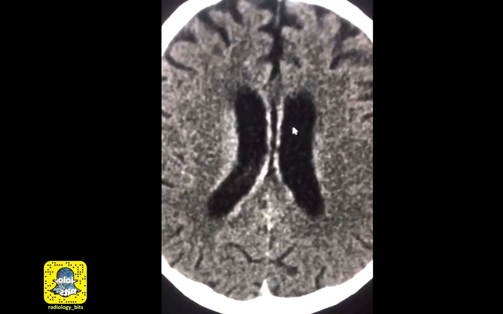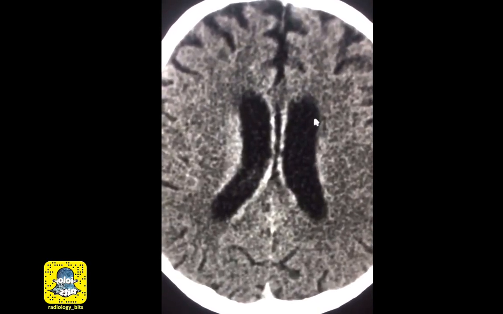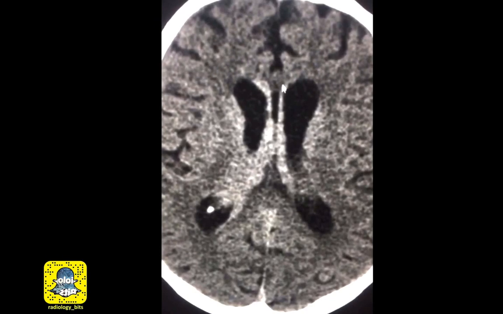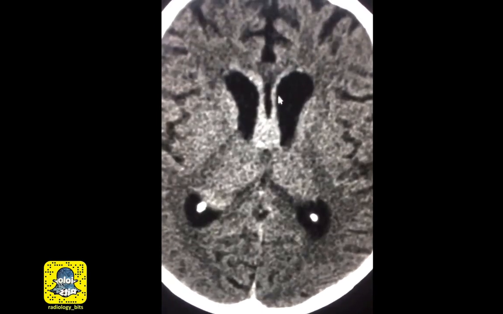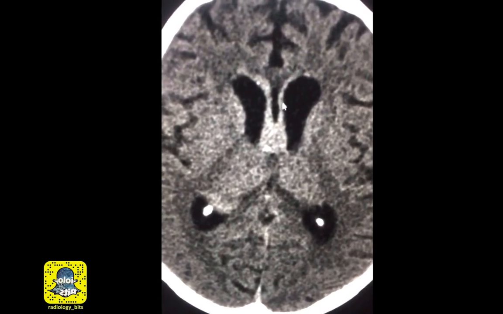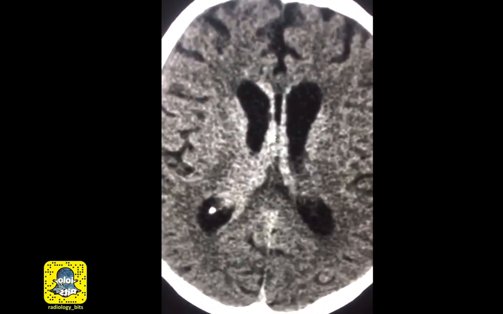Now let's look more carefully. Although the lateral aspect of the lateral ventricles appears to be clean, this is not the case here. There is thickening that is somewhat nodular along the medial aspect of both lateral ventricles.